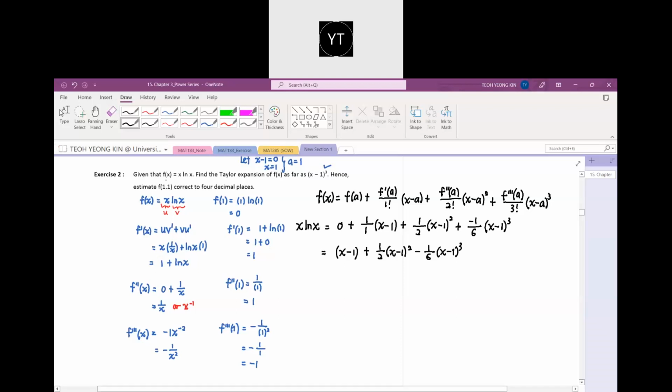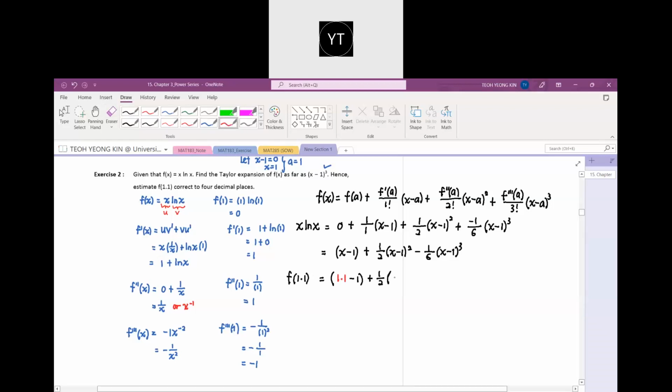And then find the value of f 1.1. So f 1.1 maksudnya kita gantikan x ni. So means that here we have 1.1 minus 1 plus 1 over 2 gantikan x.